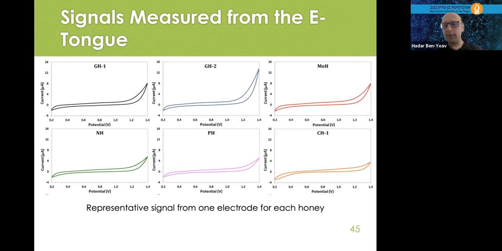Now there is the pre-processing, the data processing step, where we don't want to take the whole signal. Let's take features. It's called feature extraction. We took features in the signal that contribute mostly to the difference between the different types of honey.